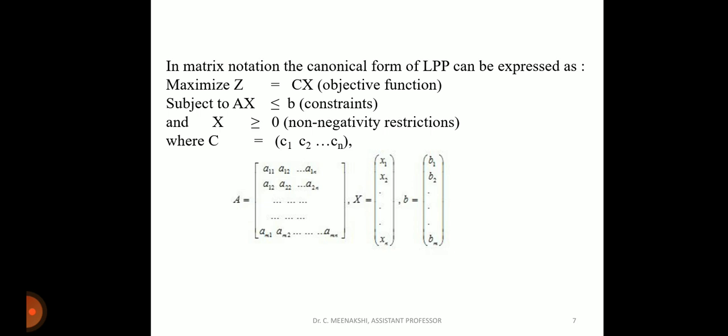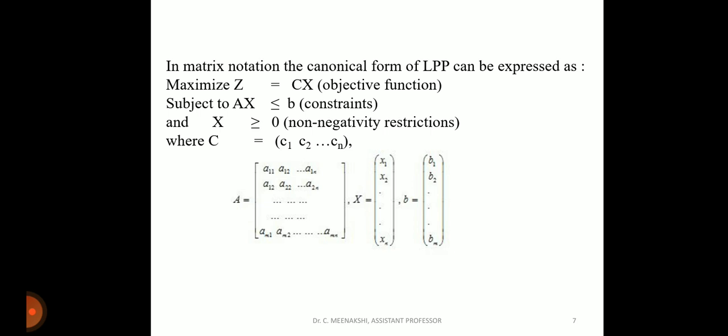This canonical form of LPP may be written in matrix notation as follows: maximize z equals cx, the objective function, subject to the constraint Ax less than or equal to b and x greater than or equal to 0, the non-negativity restriction, where c means the constants c1, c2, etc., cn.